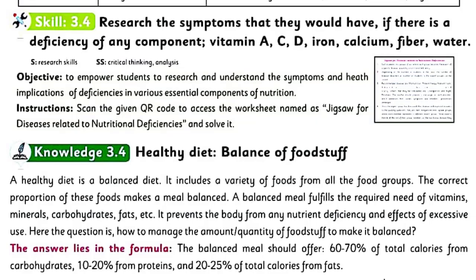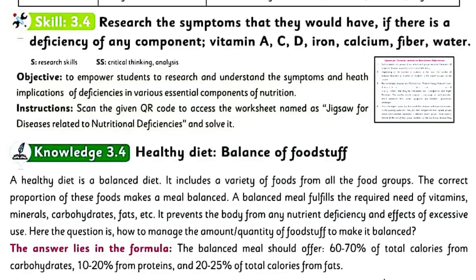The correct proportion of these foods makes a meal balanced. A balanced meal fulfills the required need of vitamins, minerals, carbohydrates, fats, etc. It prevents the body from any nutrient deficiency and effects of excessive use.